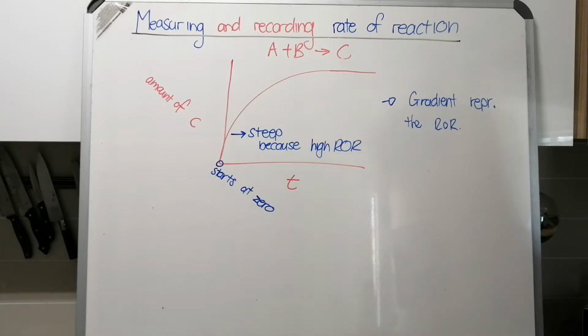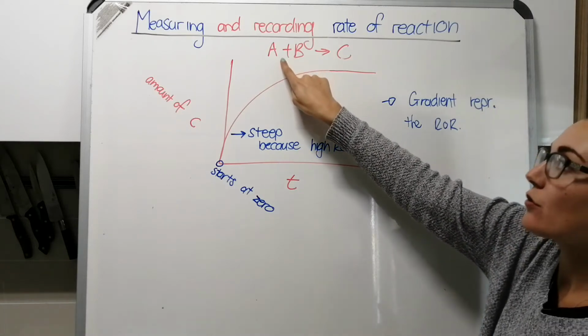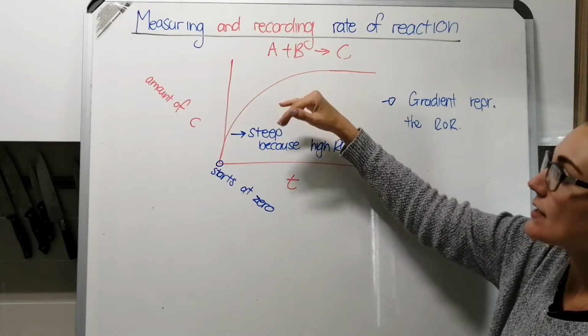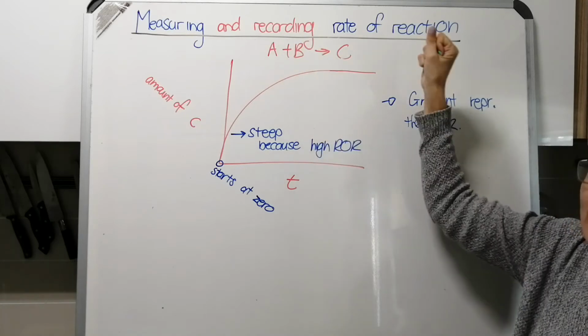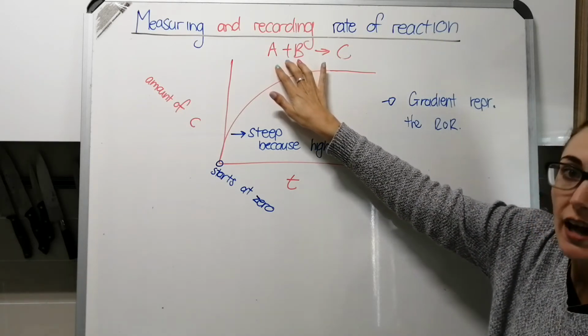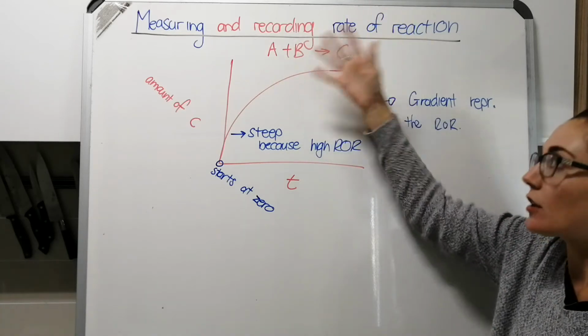Now, in yesterday's note, you learned about the different factors that affect the rate of reaction, and you learned that the concentration of a species will affect the rate of reaction. So the higher the concentration of reactants, the faster your rate of reaction will be, right? Now, as this reaction progresses, you're actually lowering the concentration of your reactants because they're reacting out, they're going away.